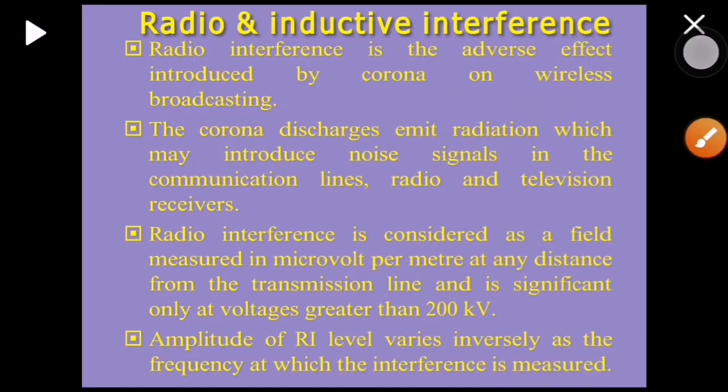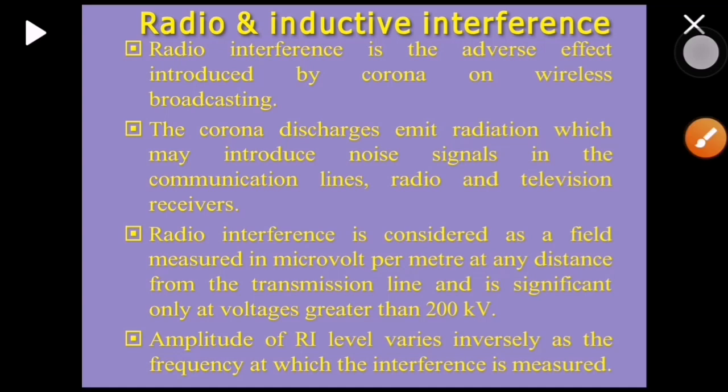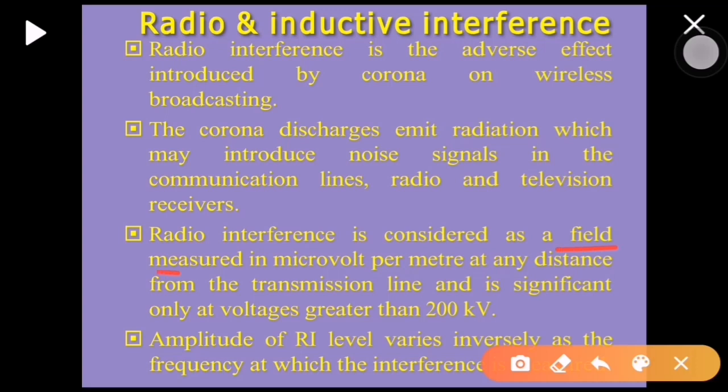Now let's take a look at one more aspect of corona, that is radio and inductive interference. Corona discharge normally emits radiation, which introduces noise signals into communication lines if communication lines run parallel to the transmission line. This radio interference is measured in terms of field in microvolt per meter at a distance from the transmission line, and this is only significant if the transmission voltages are more than 200 kV.